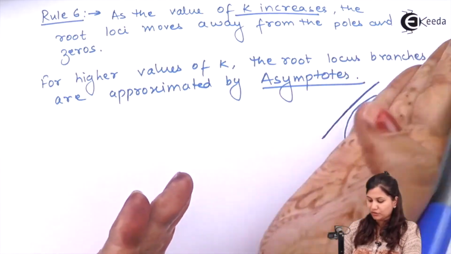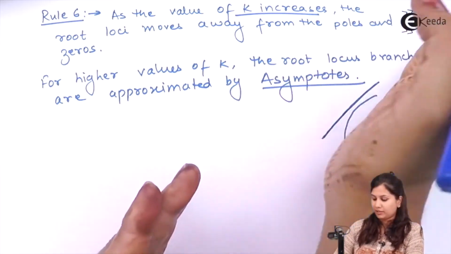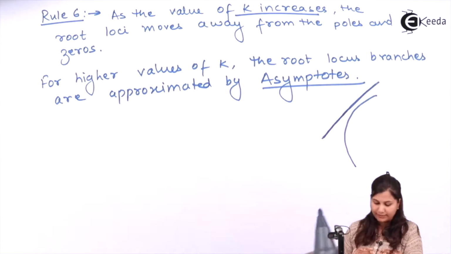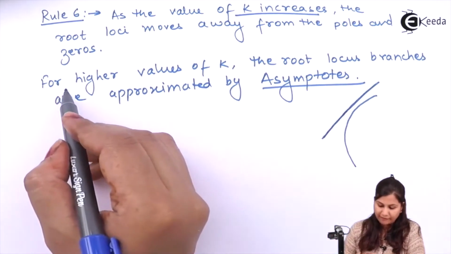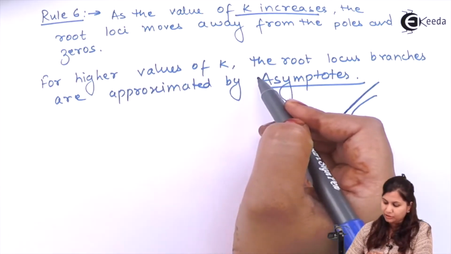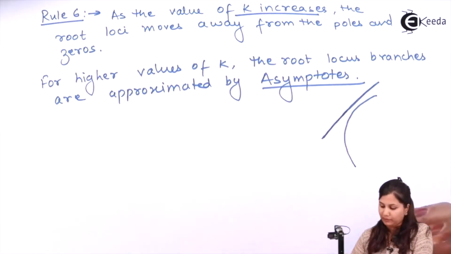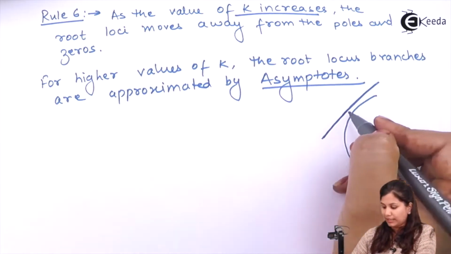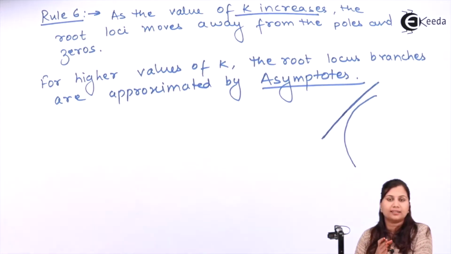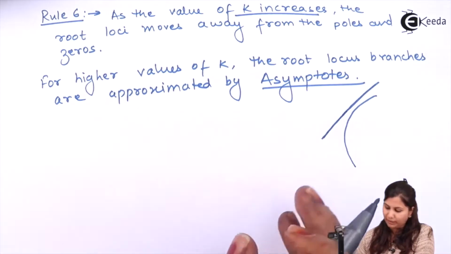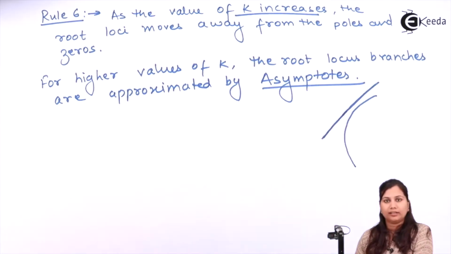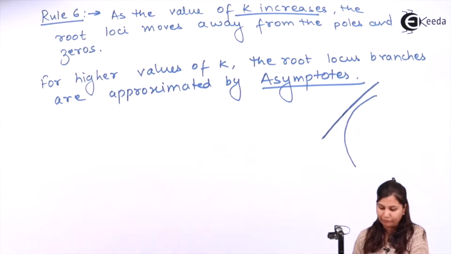The line which is just touching the curve, or going along it, is called the asymptote. Whenever we have higher values of k, the root locus branches are approximated by asymptotes. Now these asymptotes, or straight lines, are going to intersect the real axis at some point. How are we going to determine the intersection point of these asymptotes with the real axis? We have a formula for it.